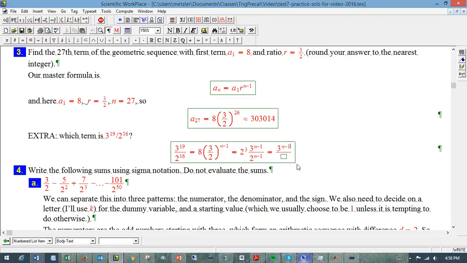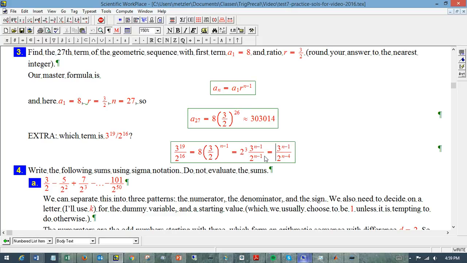That's 3 to the n minus 1 over 2 to the, if I bring this down, n minus 1 minus 3, or n minus 4, on the bottom. So this is just another way to write all the terms for this geometric sequence. It's a power of 3 over a power of 2, and the power of 3 is 3 ahead of the power of 2 on the bottom.